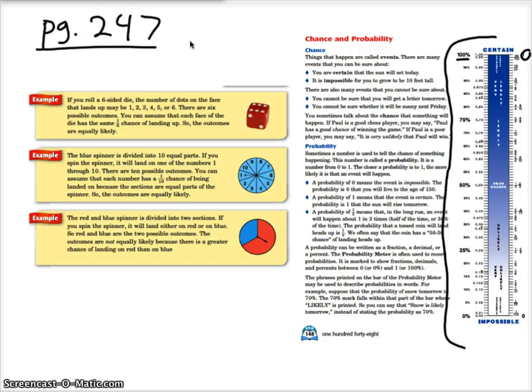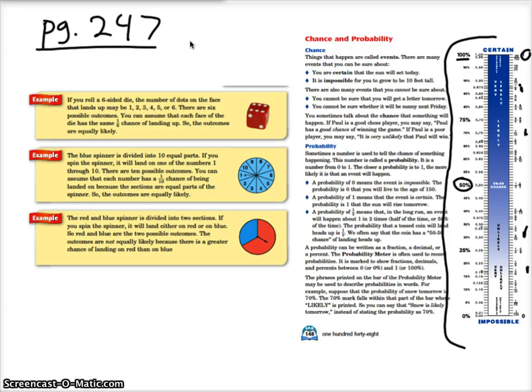So then the other thing would be 50-50. That's 50%. So this is very equal. It could go either way. And then we have right in between, what they say is likely or very likely, or we have less likely and not so likely at all. Very unlikely. All right, so that's kind of our range.